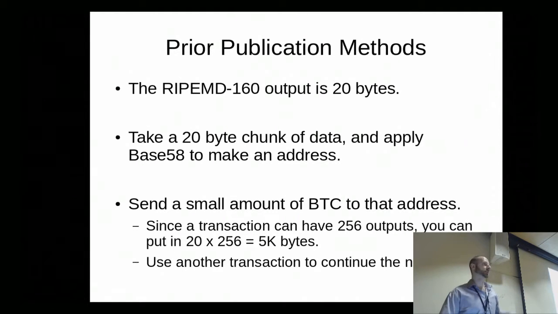One transaction could have 256 of those, in theory. So in one transaction, you've got 20 bytes times 256, which is exactly 5K. That's kind of small to publish a lot of files, so if you've got something bigger, you just use another transaction.